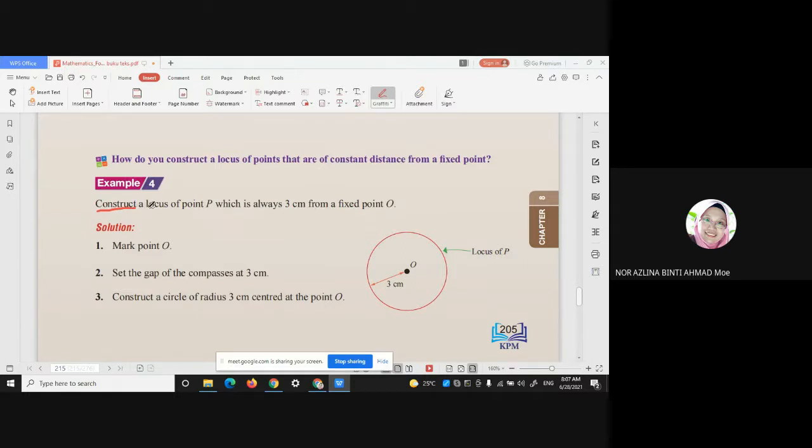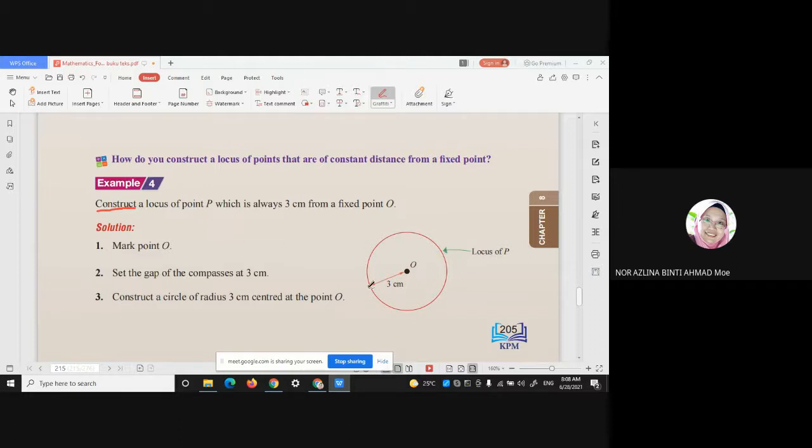So this is fixed point O, and you measure 3 cm using your compasses, and this is the center. Then you draw the locus of point P, forming a circle.